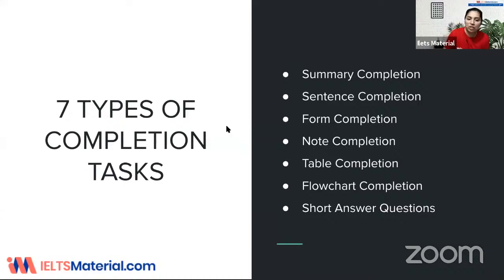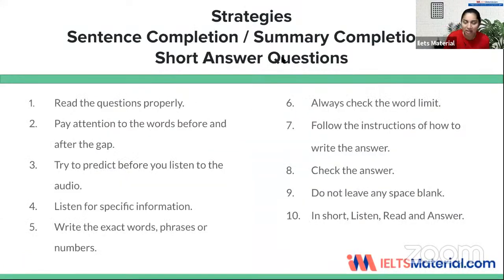Next, let's move on to the strategies of today's question task. If I take the strategies of completion task, then these are the strategies which would be followed for all the types of questions, right? Whether it is table completion or note completion, any type of completion task will follow these 10 strategies, or I would say these 10 steps.